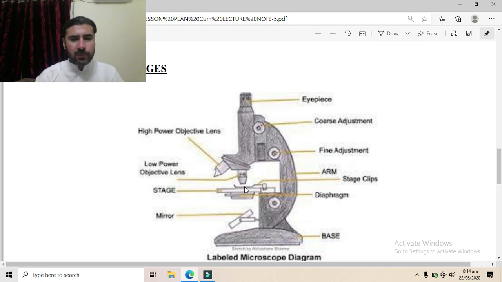This will magnify the image of the object on the slide, then it will be transmitted here. In the eyepiece there is another lens which will further magnify the image, and as a result a highly magnified image is seen through this microscope. Through our eye we observe the object, and the two lenses magnify it.